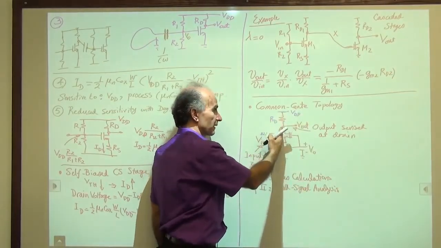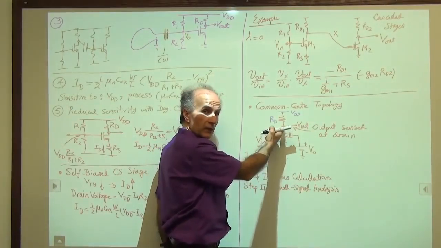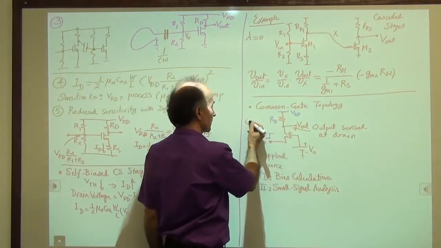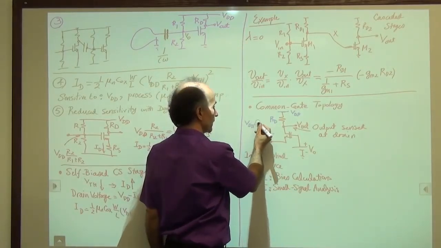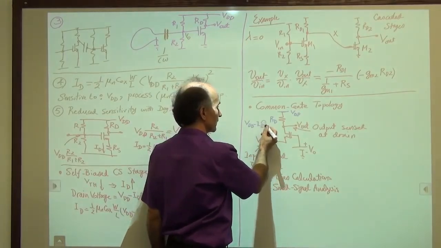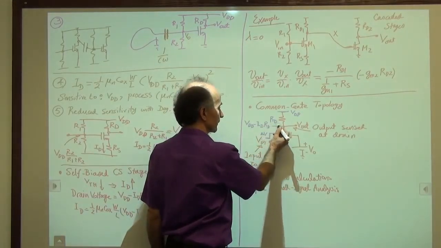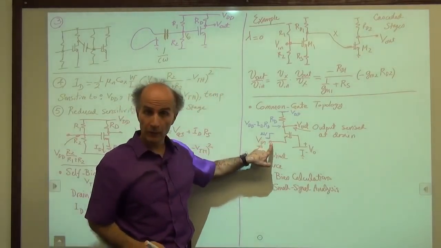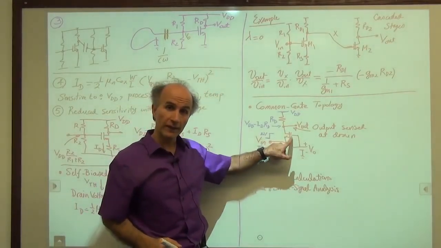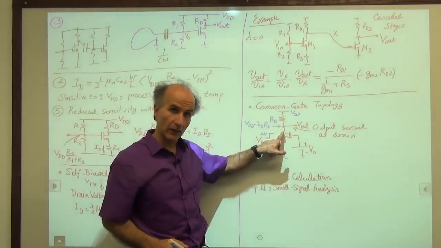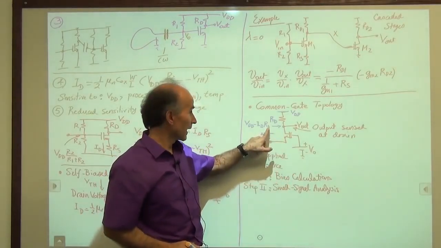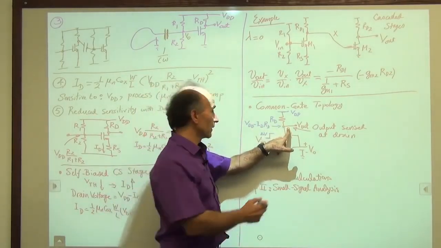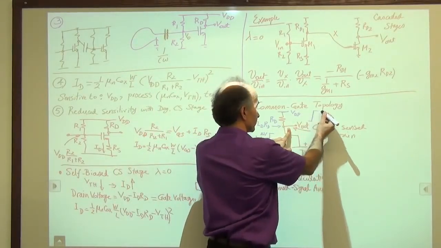If we draw less current from this resistor, this voltage has to go up. Right? You remember that this voltage can be written as VDD minus ID RD. So when the source voltage, when the input goes up, VGS decreases, the current decreases, and that means that the voltage increases. So the output goes up by some amount.